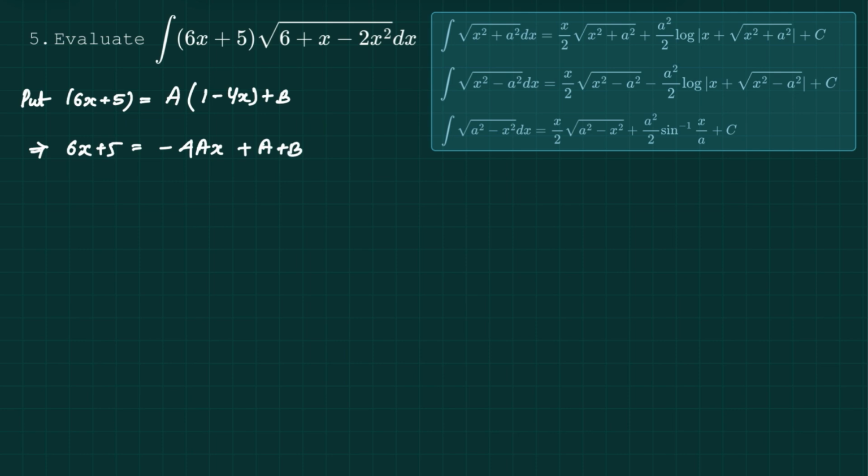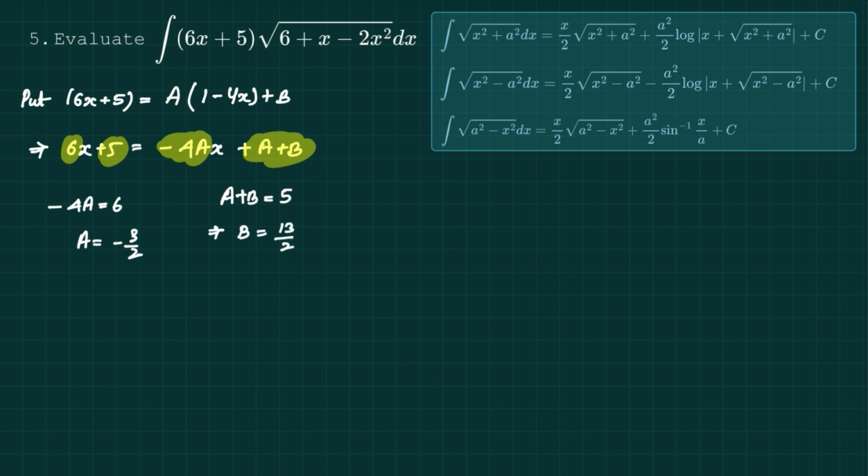So comparing the coefficients, we will have minus 4a equals 6, which gives a equals minus 3 by 2, and the constant term, a plus b, equals 5. Putting the value of a, we will get the value of b as 13 by 2.